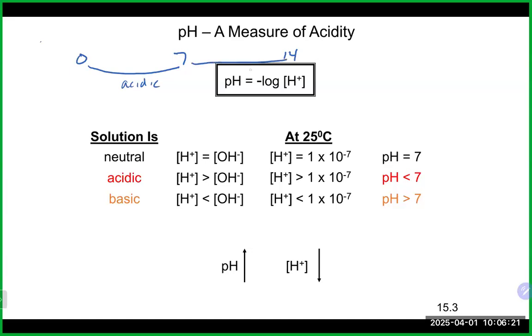Above 7 is basic. And right at 7 actually is neutral. And as you go from 7 towards 0, you're becoming more acidic. And as you go from 7 towards 14, you're becoming more basic in that direction.